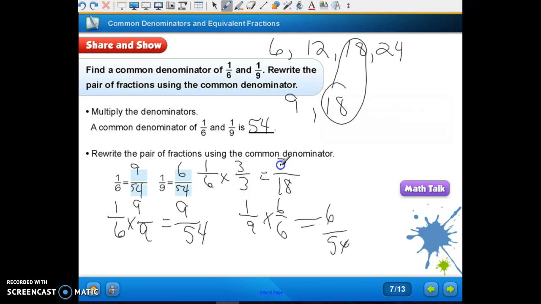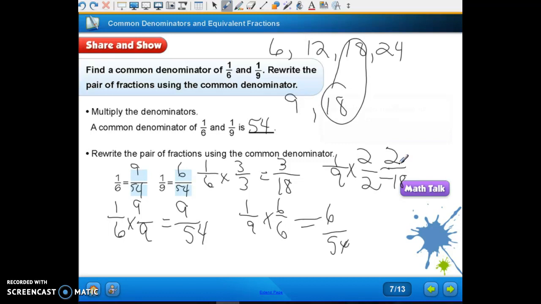So I could have 3/18. Or I could say 1/9 times something is equal to something over 18. And what times 9 is 18? 2. So I have 2/18.